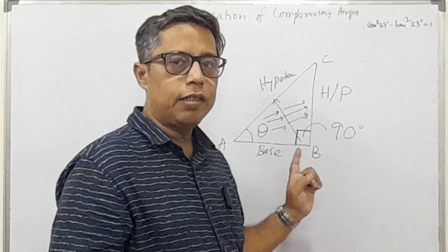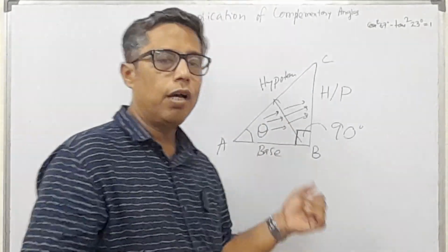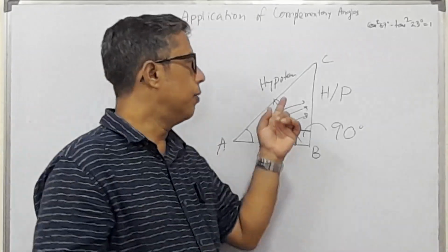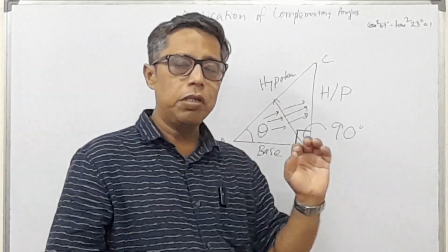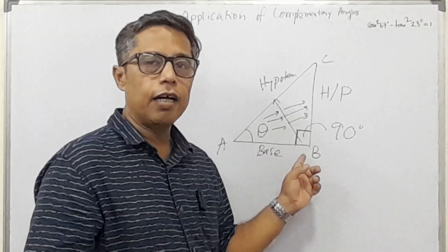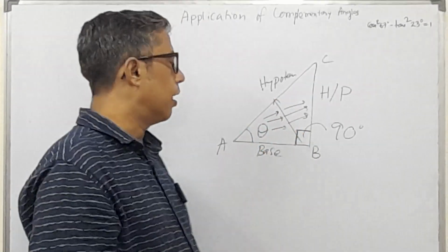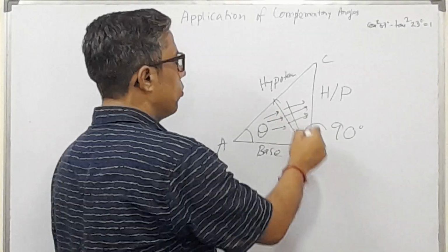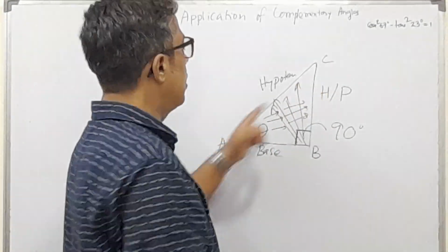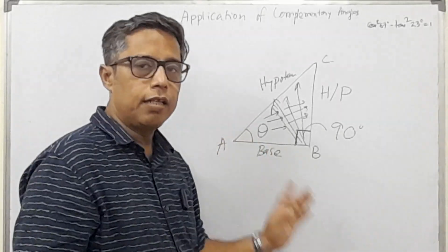So in trigonometry, you have three sides: hypotenuse, base, and perpendicular. The hypotenuse side is always fixed, which you can identify by seeing the 90 degree angle. It is the side opposite to the 90 degree angle, so you can identify it very easily.